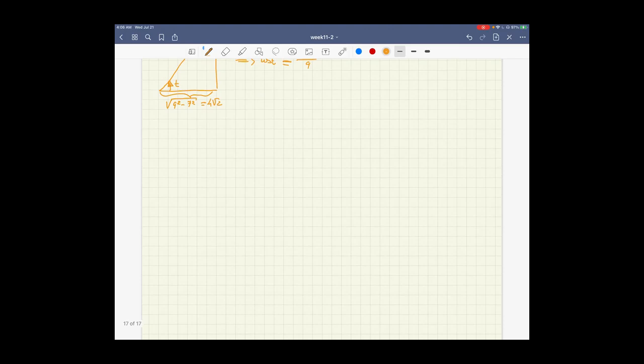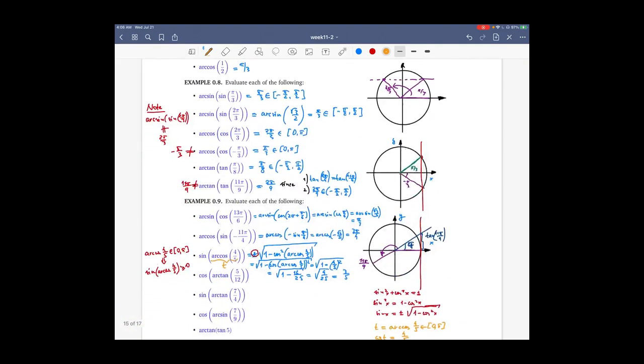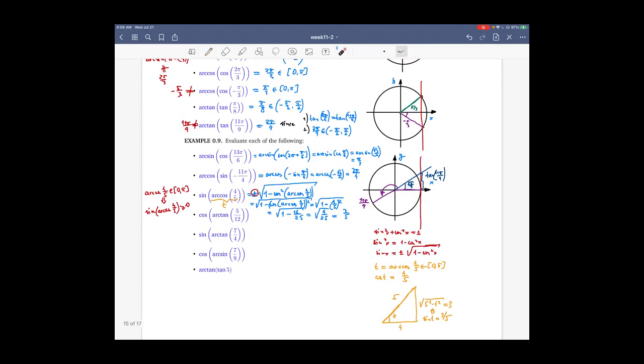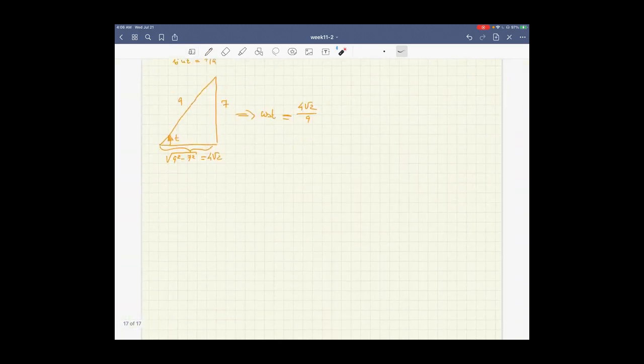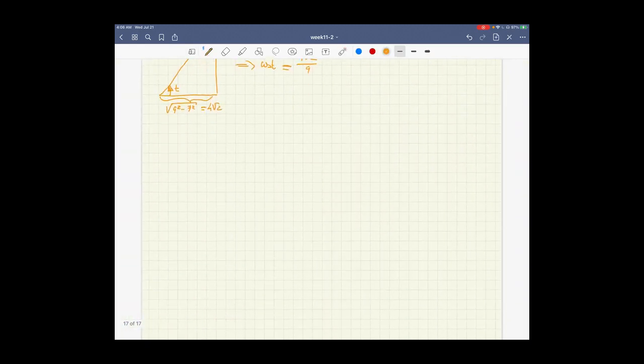Let's now talk about the last problem, arctangent of tangent 5. Unfortunately, this problem is often a source of many confusions, so let's discuss that problem. Arctangent of tangent 5.